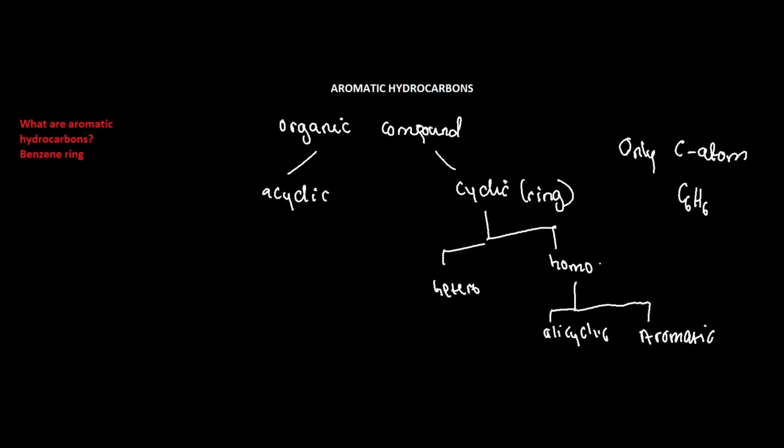So let's take a look at the benzene ring. I earlier stated that the simplest member of the aromatic hydrocarbons is benzene, and benzene has the formula C6H6. It also exhibits sp2 hybridization.